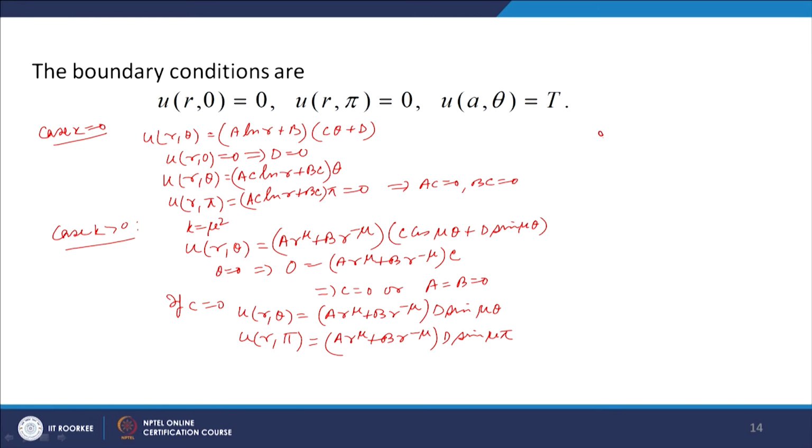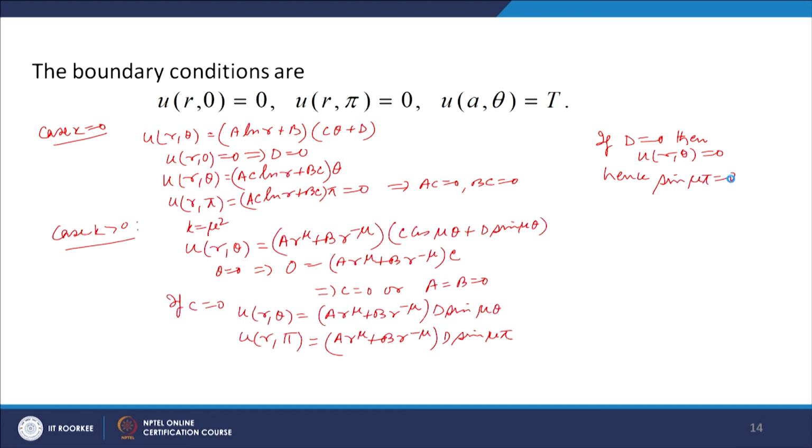If d is equal to 0, then c is equal to 0 and d equal to 0, so u(r, theta) will be equal to 0. Hence, sin mu pi must be 0.